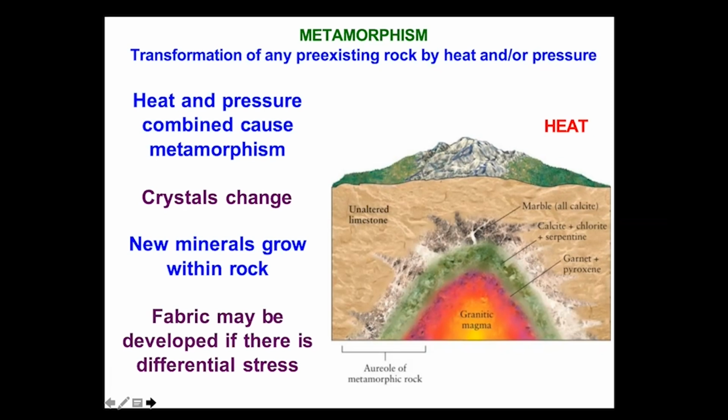Pressure has the same effect as heat. As you can see here, we've got magma coming up to the surface. As magma rises, it will heat the rocks that are around it. As you change conditions, you will change the minerals that grow in there. You will change what we call the fabric of the rock, meaning it will change the appearance of the rock.